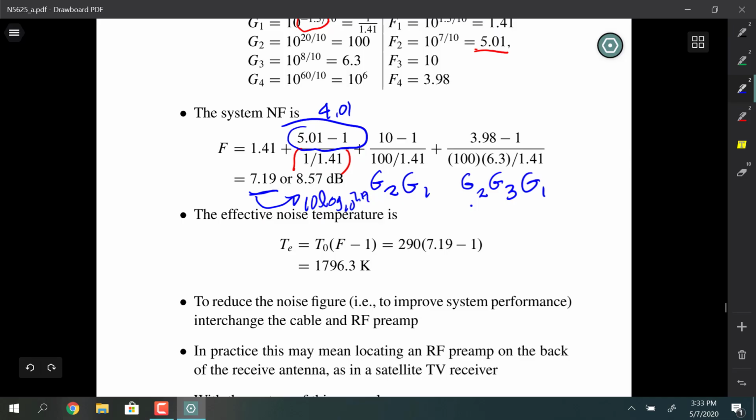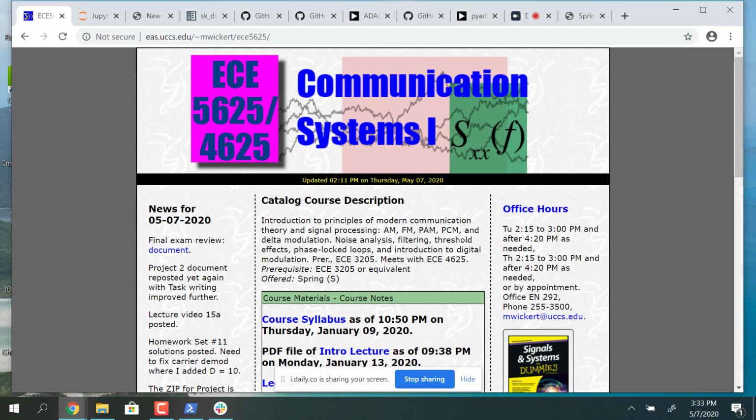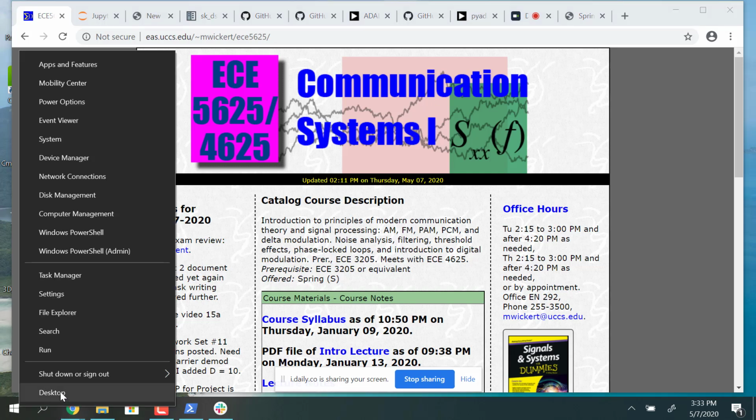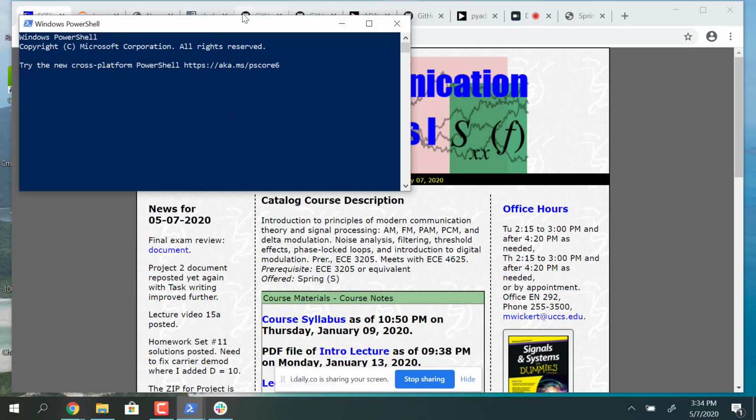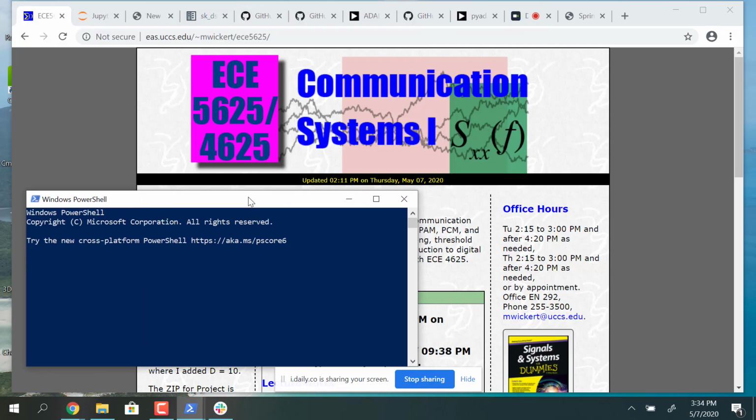I feel like I need to have Python running here just so I can do some calculation verification. I had restarted my system, so I need to go open up another shell. Activate the right environment, and then I'm going to launch the Qt console.